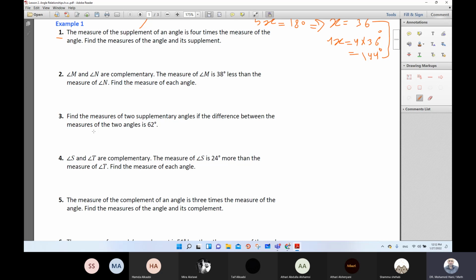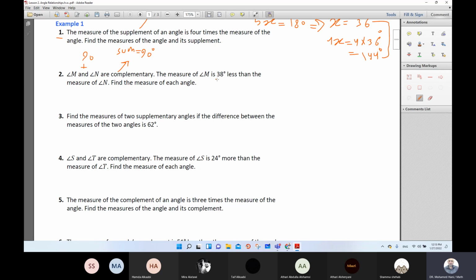In the second question here, we have angle M and angle N are complementary. What is the meaning of complementary? It means the sum of them equals 90 degrees. So we have two angles, angle M and angle N, and the sum of them equals 90.